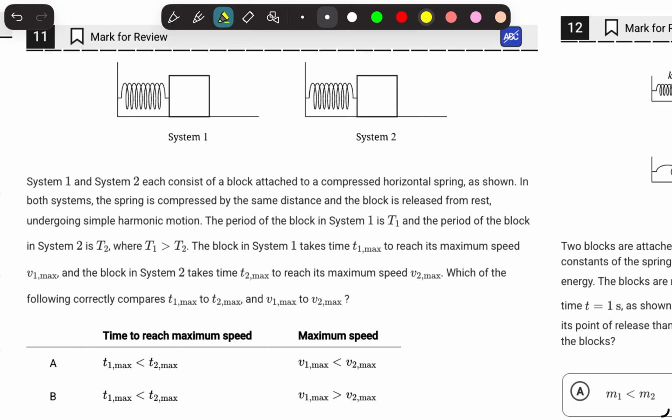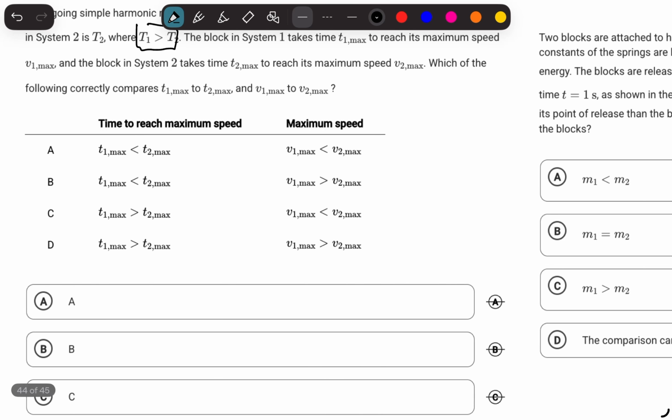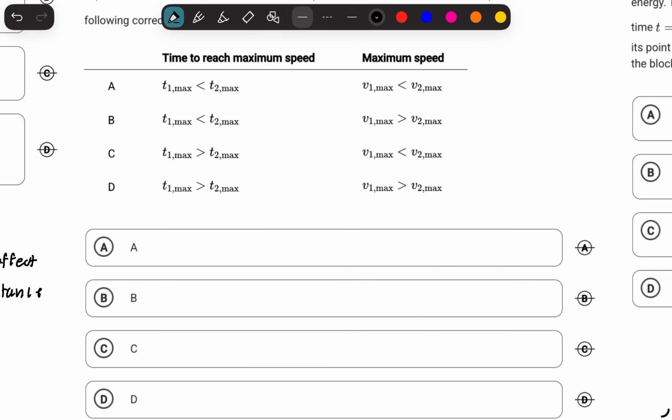Okay, so for this problem, we first need to look at the time to reach the max speed. The max speed happens when you're at the equilibrium.